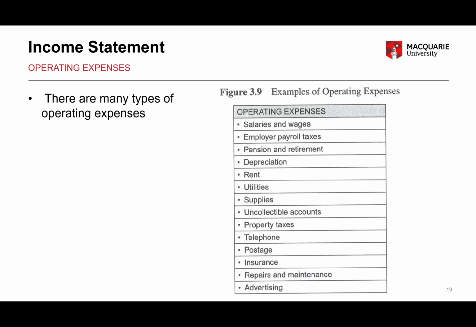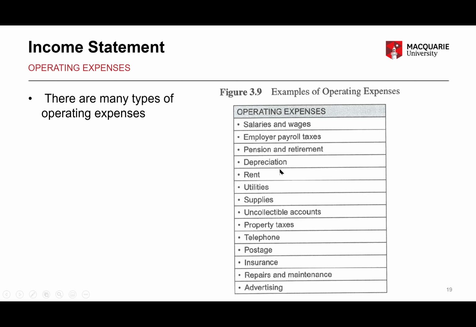Now, we saw before that these could all be grouped together in something called selling, general and administrative expenses, for example, right? Or there might be different groupings, but just some examples here of what would be included. So things like salaries, taxes, human resources or employment expenses there.